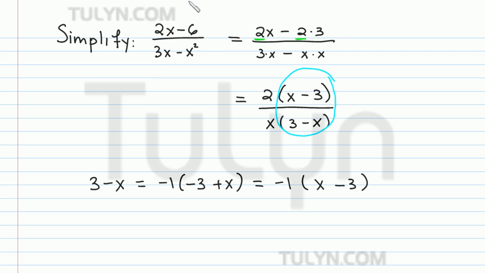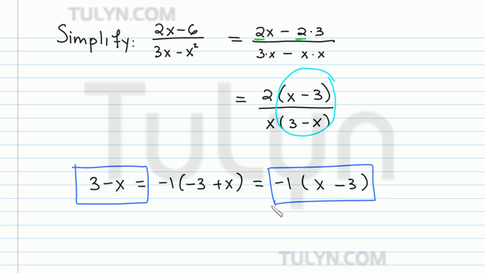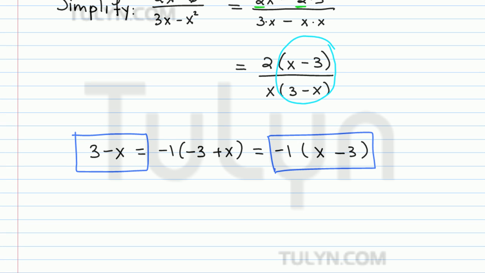So now that we have this relation, in particular, that 3 minus x is equal to negative 1 times x minus 3, let's replace it in the denominator. The numerator stays the same, so this becomes 2 times x minus 3, and then in the denominator, I'm just going to replace 3 minus x with negative 1 times x minus 3.